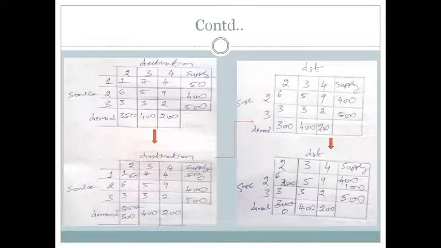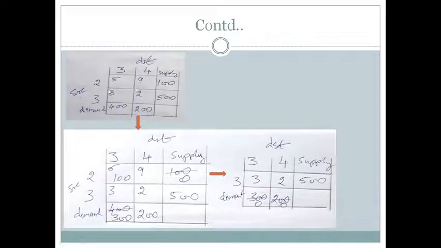The new value is 100, and the demand becomes 0 here. So exclude this column, since the demand has become 0. Okay, column number 2, you delete this column.